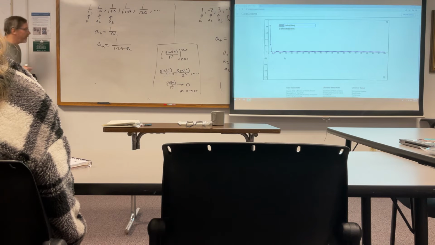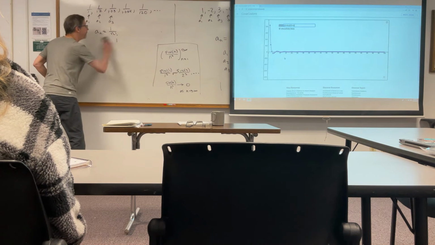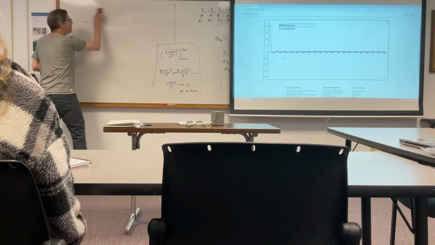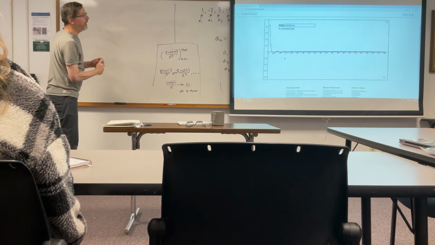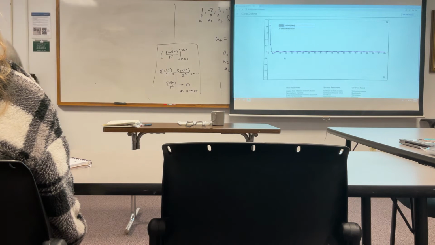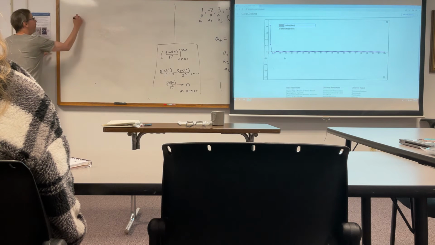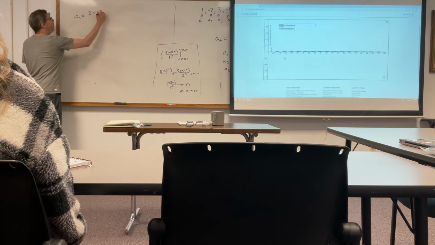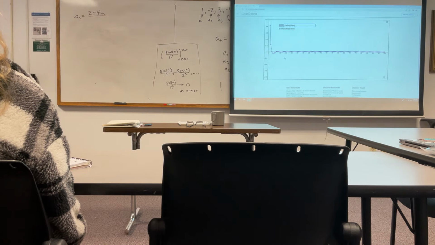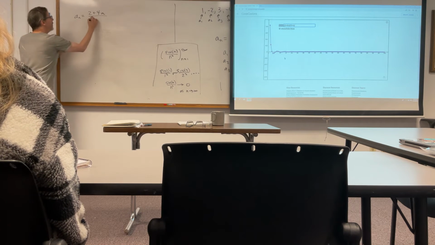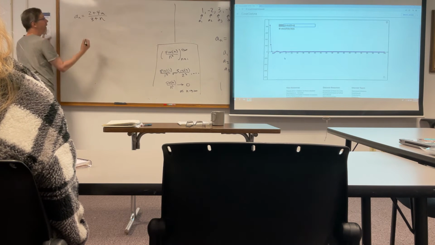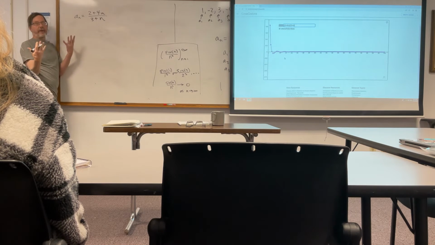So let me write out the sequence I just put in there. Let's see if we can maybe discern what's going to happen before I even hit enter. So a sub n is 2 plus 4n over 3 plus n. Okay. Let's grab the first couple.